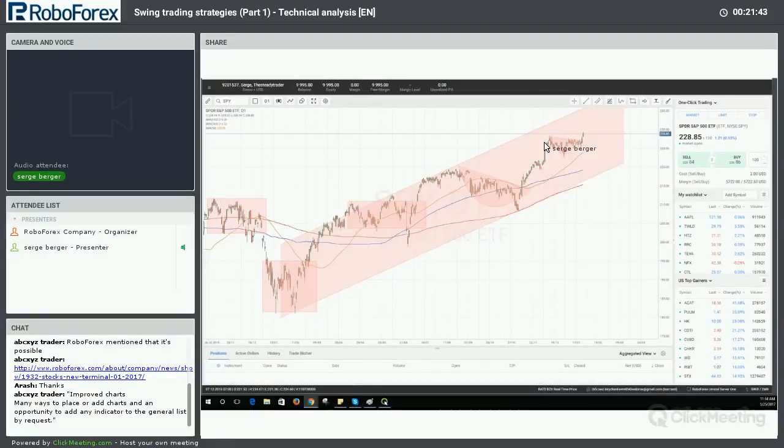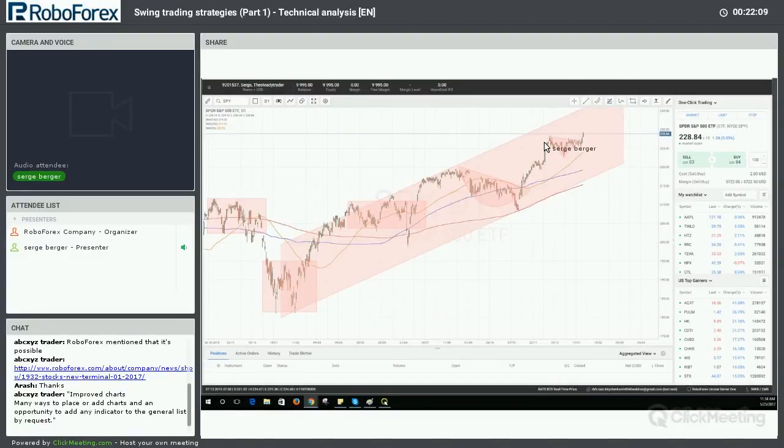But what I want to show you is that the swing lows or swing highs, the important ones, tend to take place at what we call confluence support or confluence resistance zones. We talked about what confluence support and resistance zones are, I believe, a couple of webinars ago.